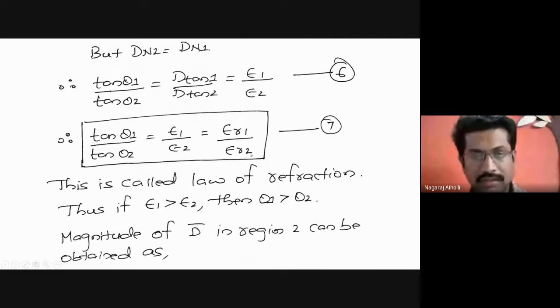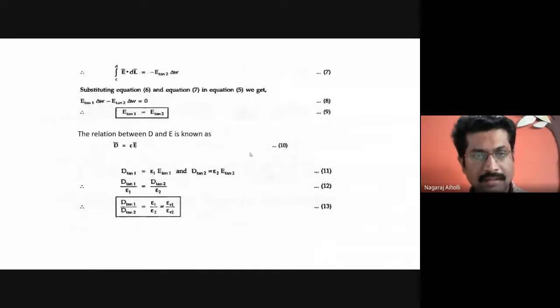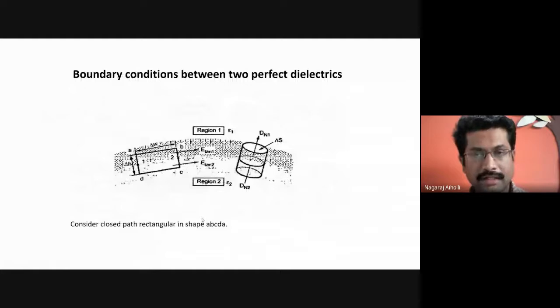That is what we derived for refraction of D bar at the boundary, when discussing the boundary conditions between perfect dielectrics.